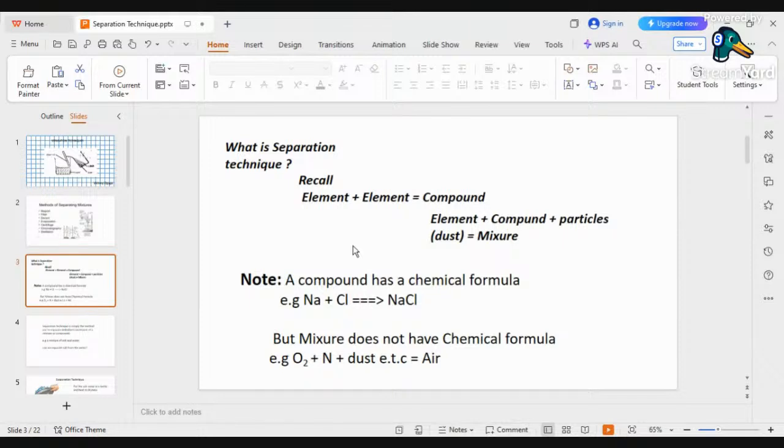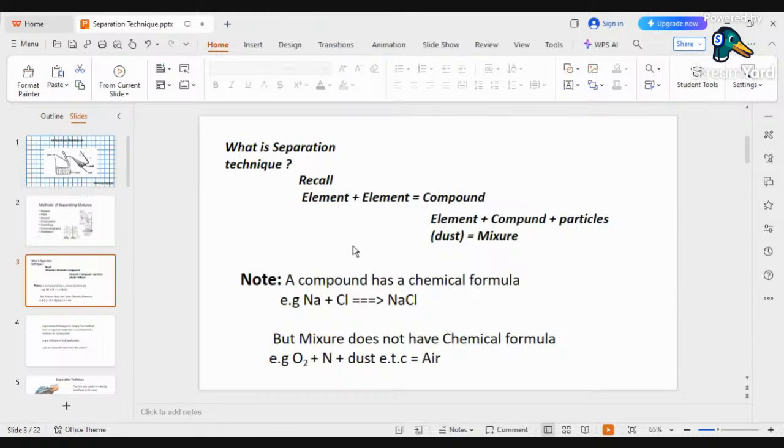Oxygen is an element, a gas, reacting with nitrogen plus dust. It's going to give us air. Our air that we breathe in contains oxygen, dust, nitrogen and other elements, right? So the mixture of these elements and other particles makes it unable to have a chemical formula.